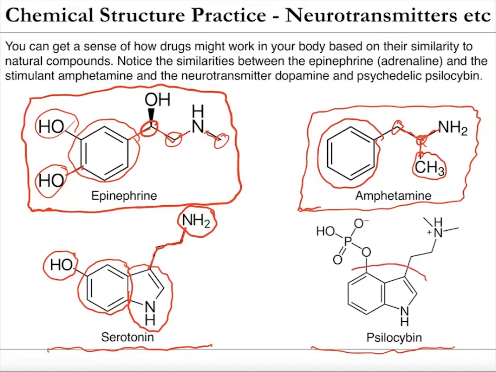You can see it has this same sort of structure right here. It also has this nitrogen group here, although it's got some carbons sticking off of it. And then it's got this phosphate group right here. So by understanding chemical structures, you can sort of understand how some drugs can mimic natural components of your body and have similar, although different, effects.